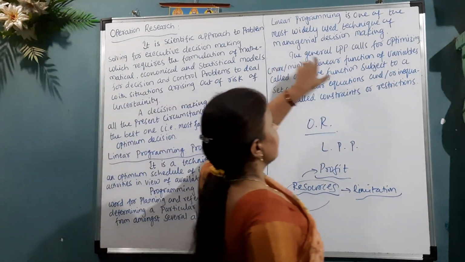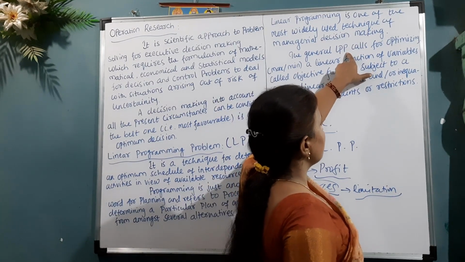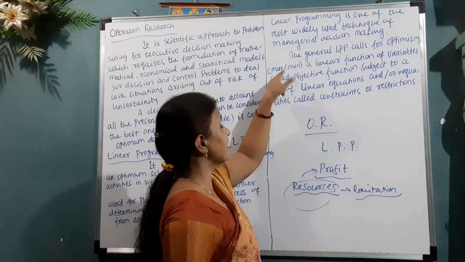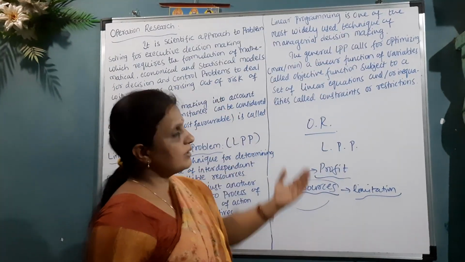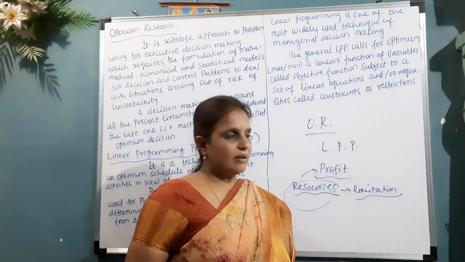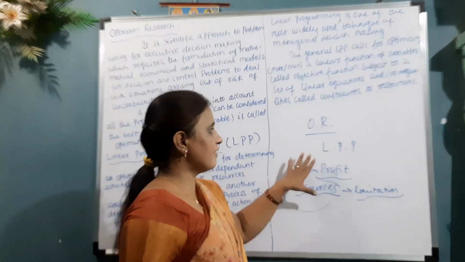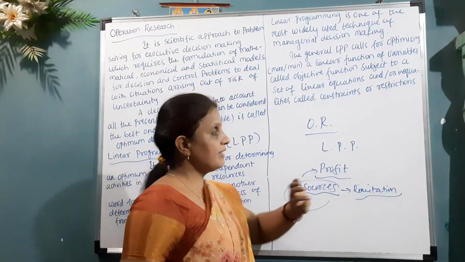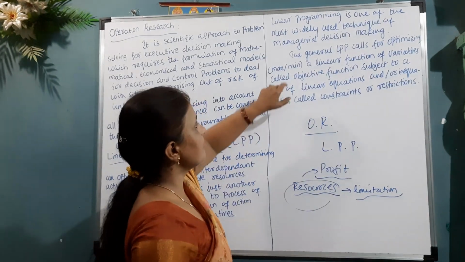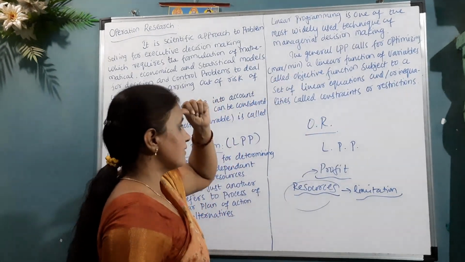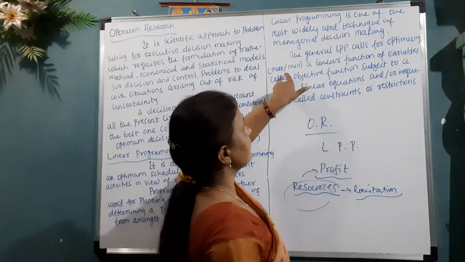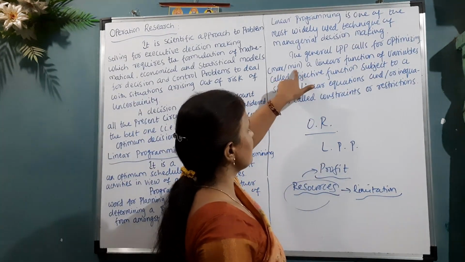In general, linear programming problems call for optimizing, which may mean getting the maximum value or minimum value. It depends upon the problem. When we are solving for a profit, we maximize the profit. When we are solving for a loss, we minimize the particular result. That's why it is given for optimizing, maximum or minimum.